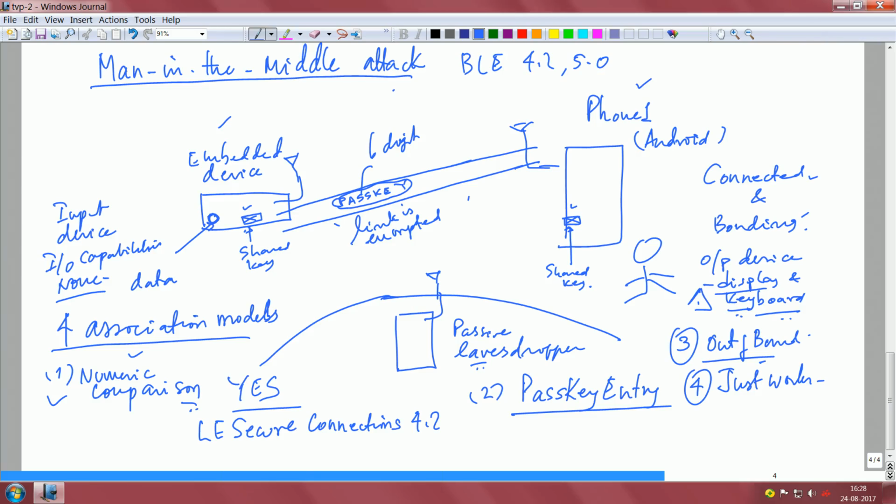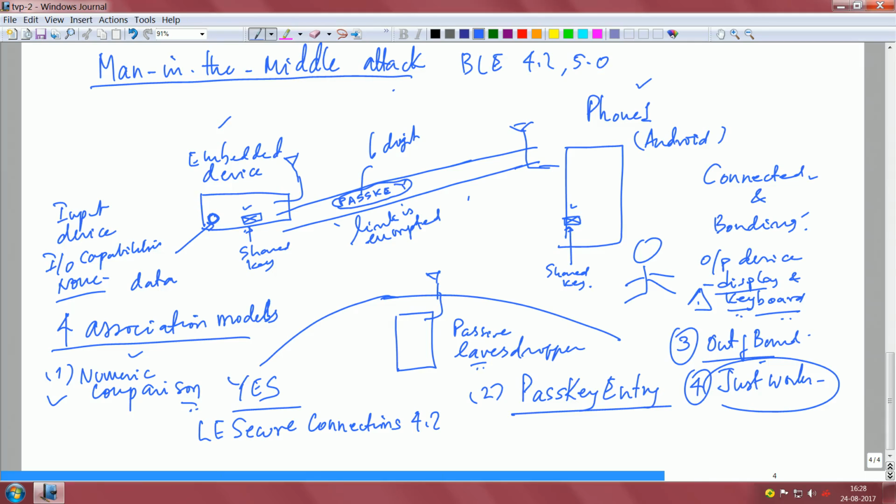In other words, there is no display and keyboard on either side, because they are really very small embedded devices, and you are just trying to use this association model for these kind of very limited resource based devices. So that is just works.